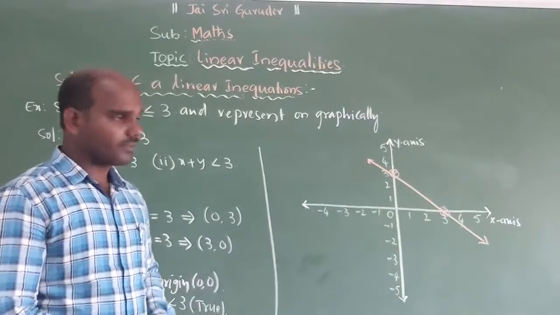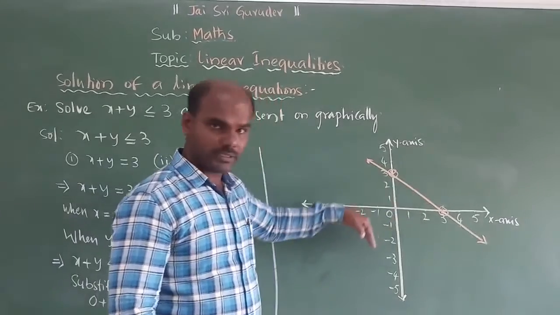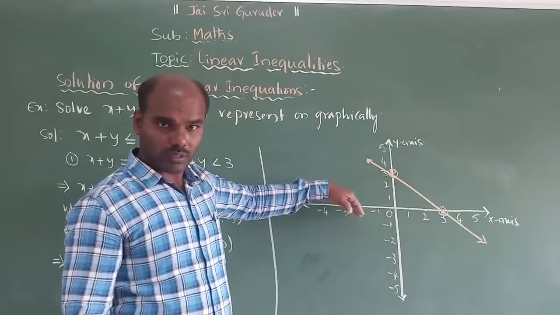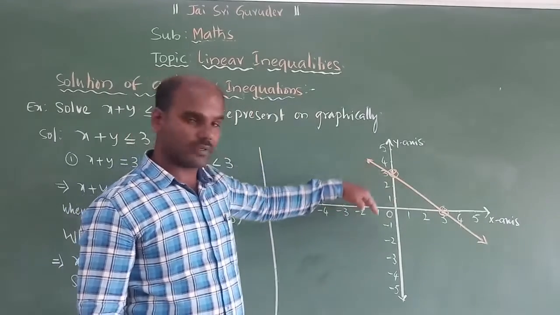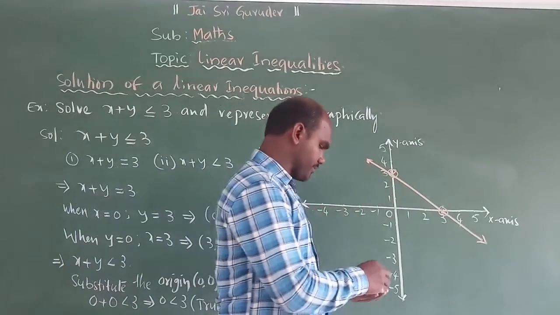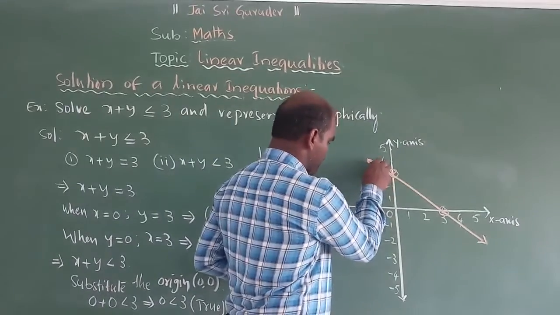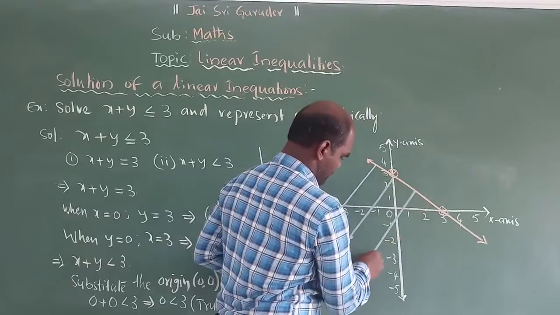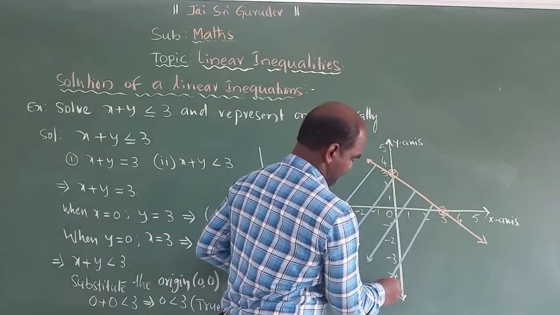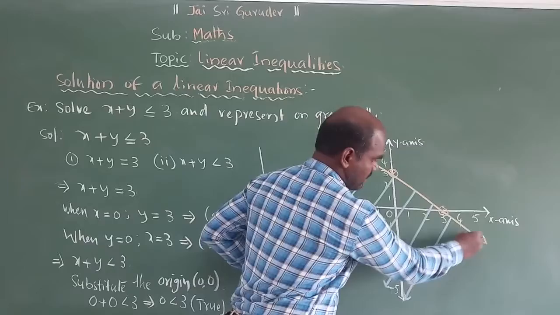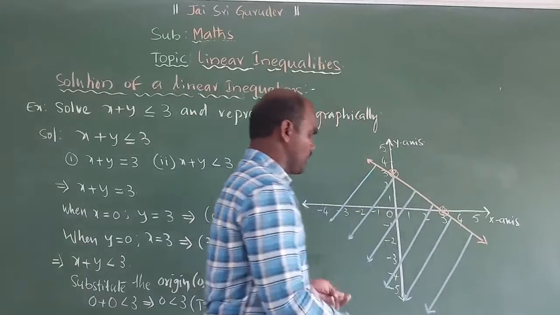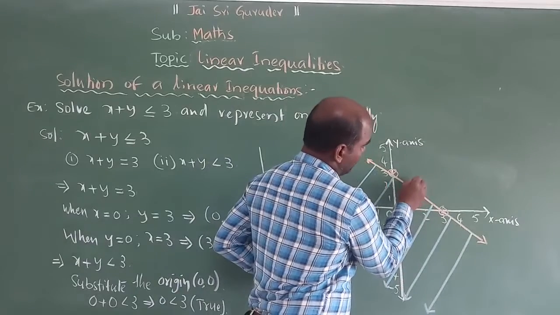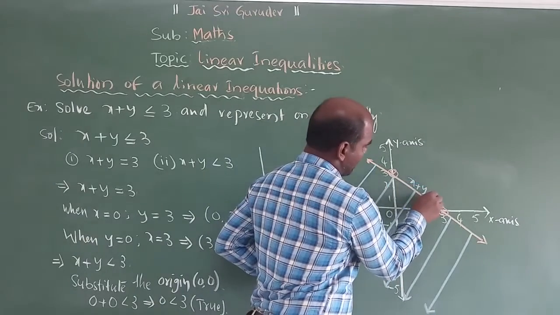The origin is on the downward side of this line, so you have to show the arrows downwards. So this is the representation of the solution.